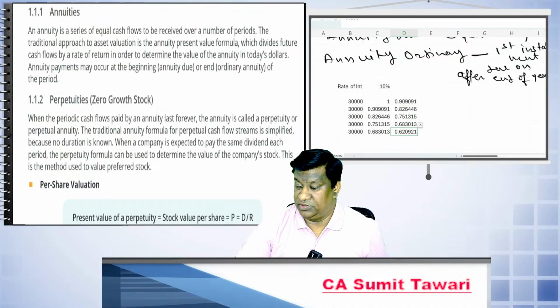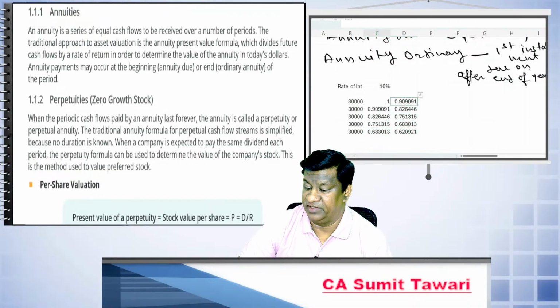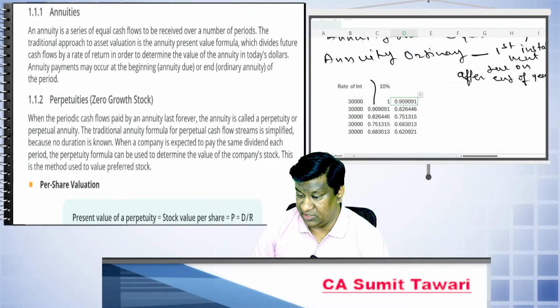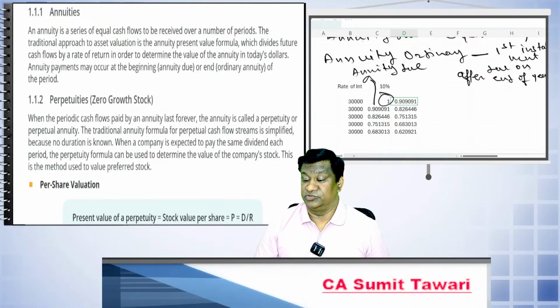if you see, the two sequences of discounting factor, in column C, it started from 1, and in column D, it started from 0.90. So what happened here? It is basically annuity due. I am paying immediately, so the value of this 30,000 is 30,000 itself.